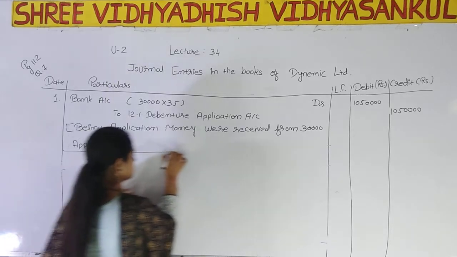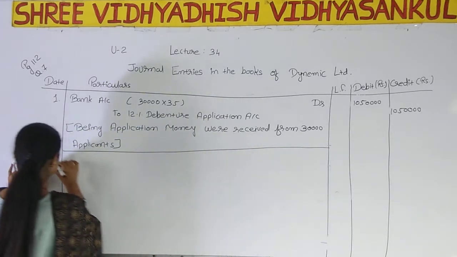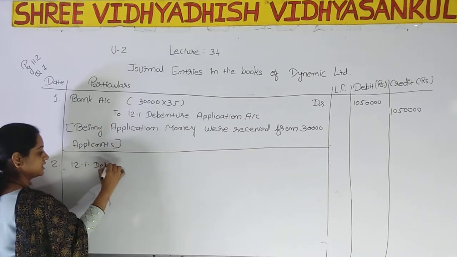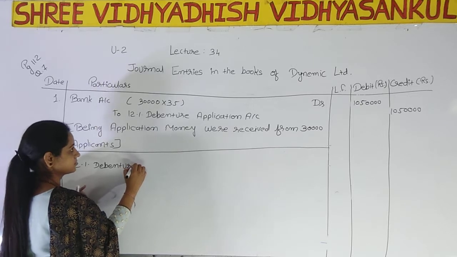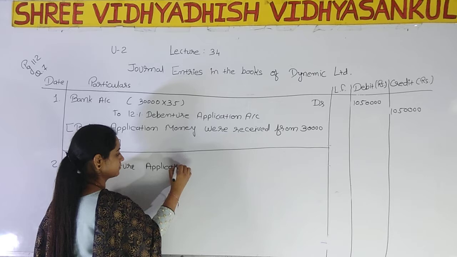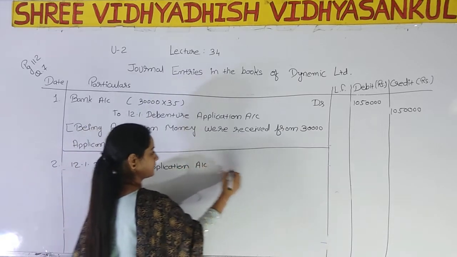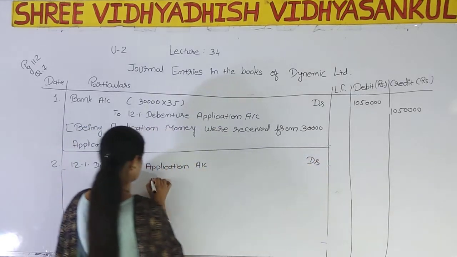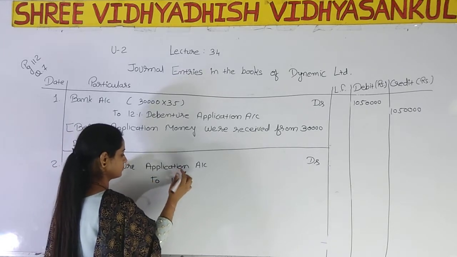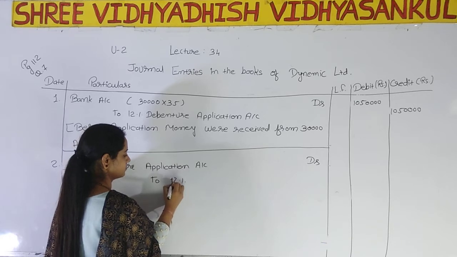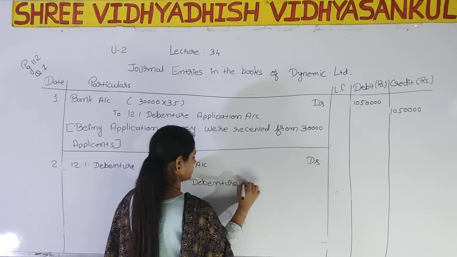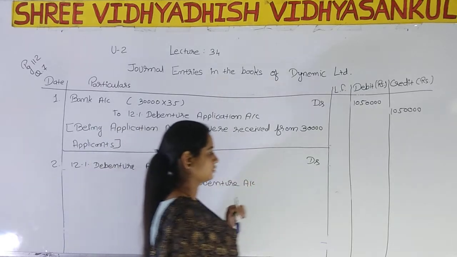Bracket over. The next entry will be for transferring. The entry will be 12% debenture application account debit to 12% debenture account. Amount will remain same as we have credited.